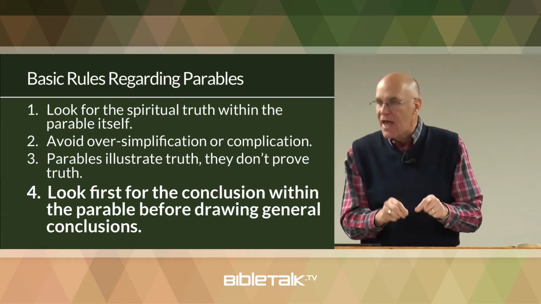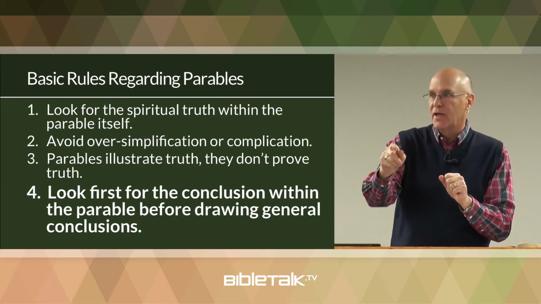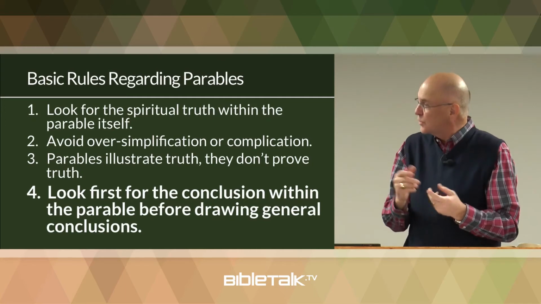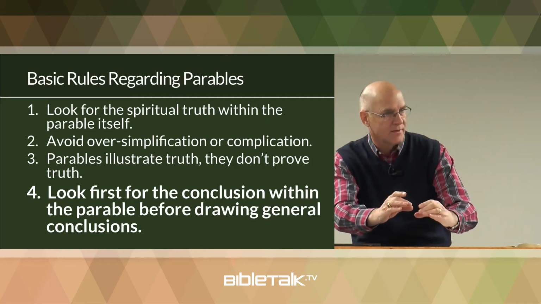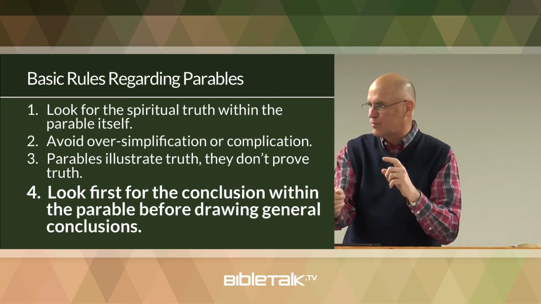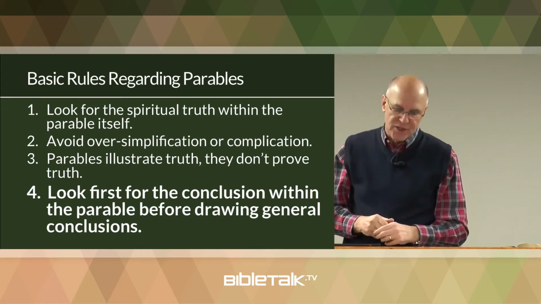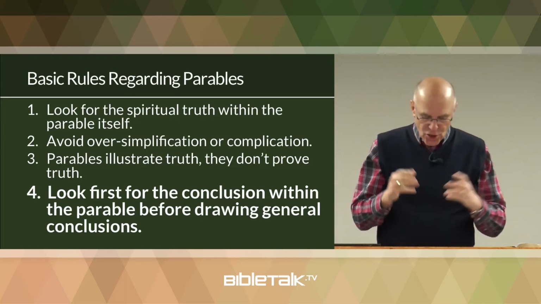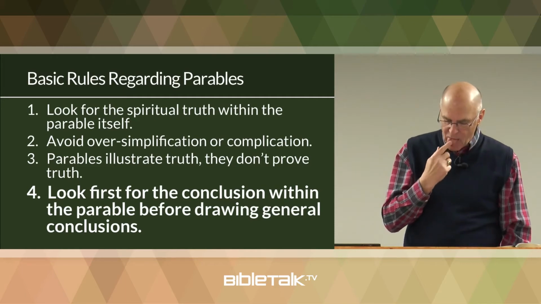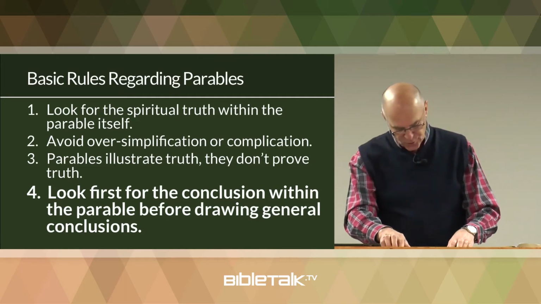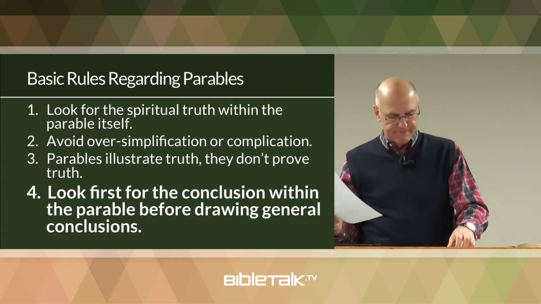And Matthew says that the leaders understood that he was talking about them. So sometimes there's a kind of editorial comment that explains that individuals were understanding what Jesus was saying. Usually the primary meaning is contained within the parable and applicable to the situation in which the parable is spoken.